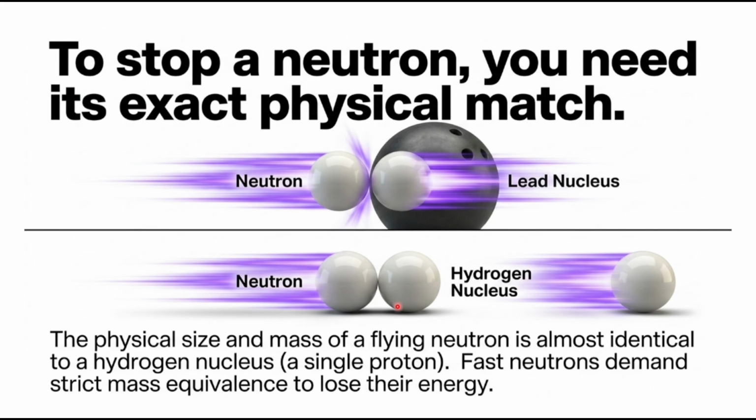Because they share this strict mass equivalence, the flying neutron transfers almost all of its kinetic energy during the crash. This perfect physical match is exactly what steals the neutron's energy and slows it right down.